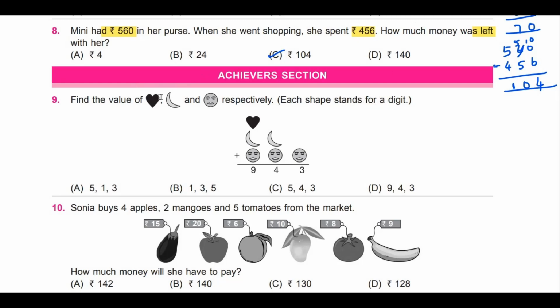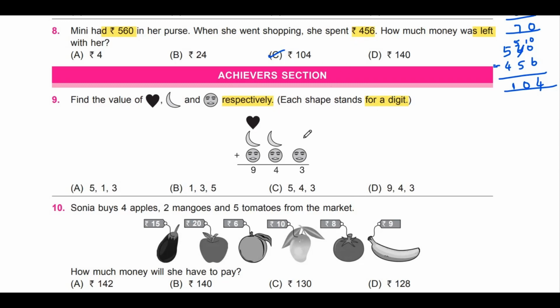So what they have given here is we have to find this a heart, a moon and a sun respectively. As I already told you, whenever the word respectively comes, we have to maintain the order. And what else is given? Each shape stands for a digit. So each shape has different digit. It is a one digit number and each shape has different digits.